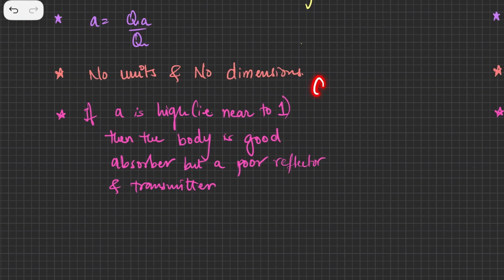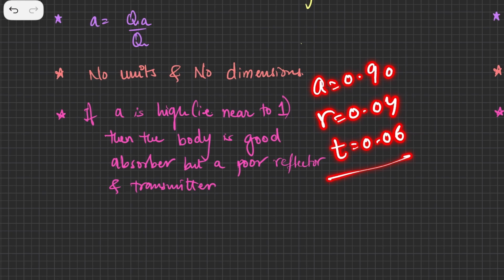So A is 0.9, R is 0.04, T is 0.06. The total has to come out to be 1.